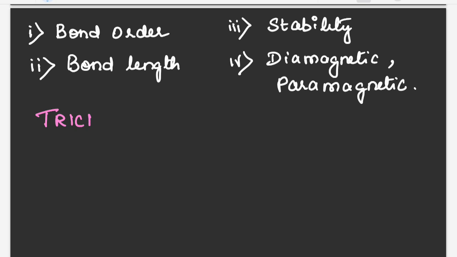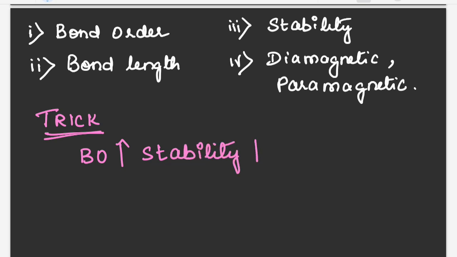The first trick is, make a note of this, it will be very useful for your examination. If bond order is increasing, then stability will also increase. And if bond order increases, then bond length will decrease.